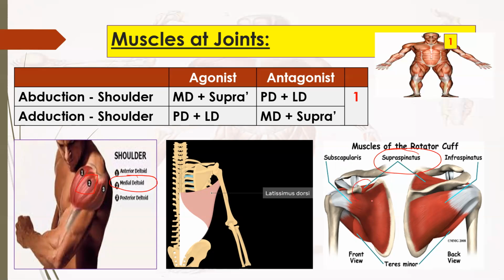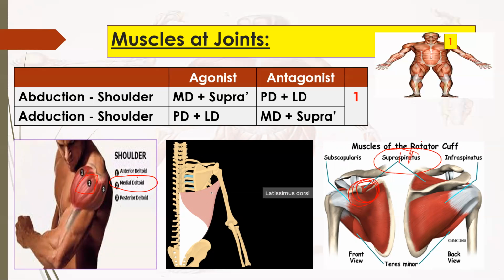This one here, this is supraspinatus. Bit of a mouthful, say it a few times. Try and get your head around how it might be spelled. Supraspinatus, supraspinatus, supraspinatus. Say it with me. Supraspinatus, and your medial deltoid.